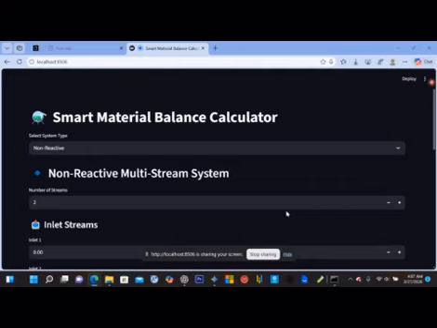So, what can this Smart Material Balance Calculator do? Firstly, it can solve most material balance problems involving single or multiple reactions, as well as reactive and non-reactive systems.